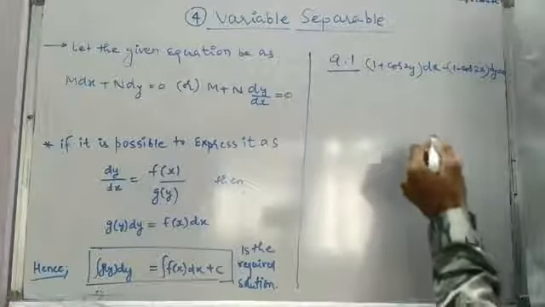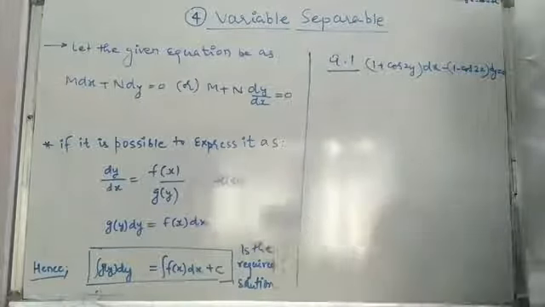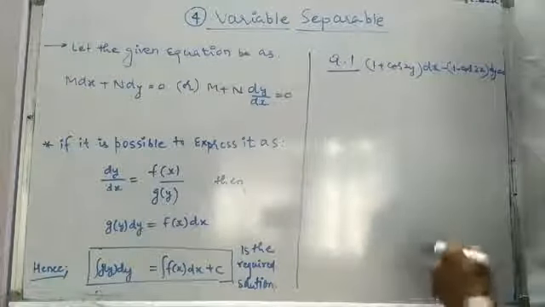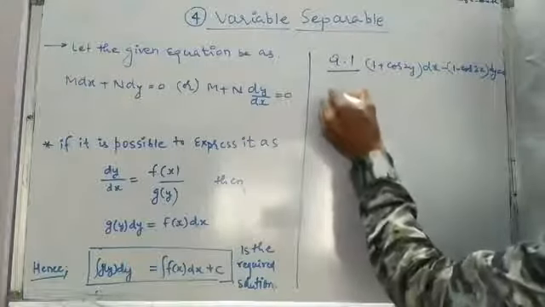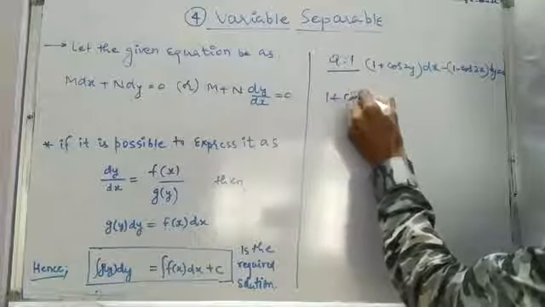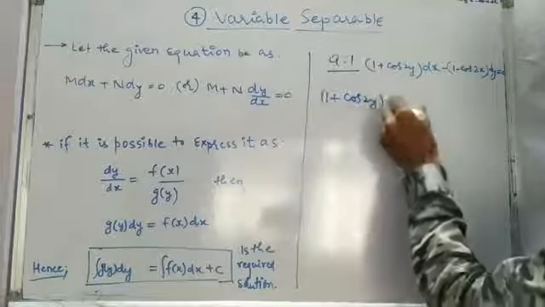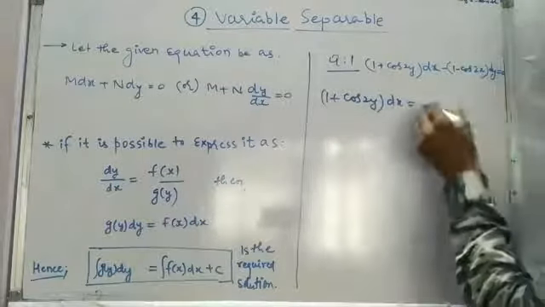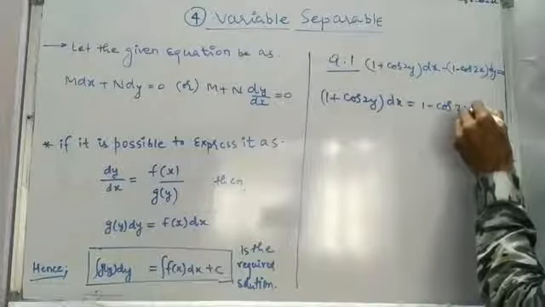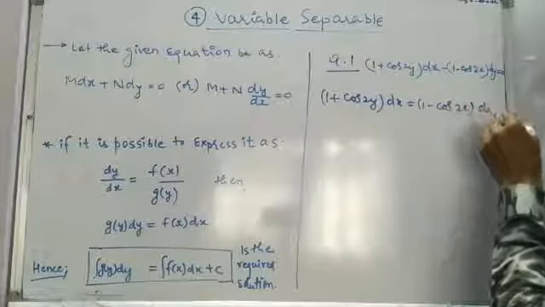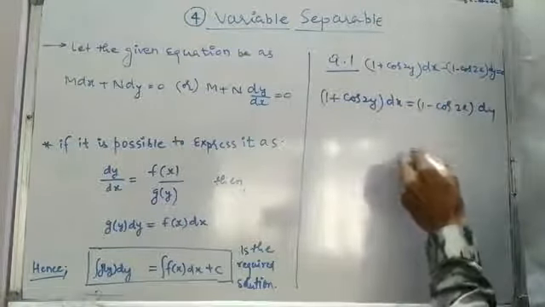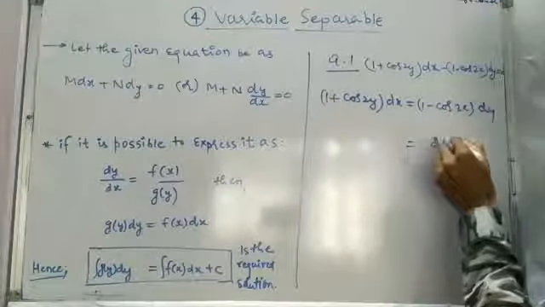First let us arrange in the form of dy by dx is equal to f of x upon g of y. So we'll simplify it as 1 plus cos 2y dx is equal to 1 minus cos 2x dy, and on the right hand side we take dy, so let's write dy by dx on this side.